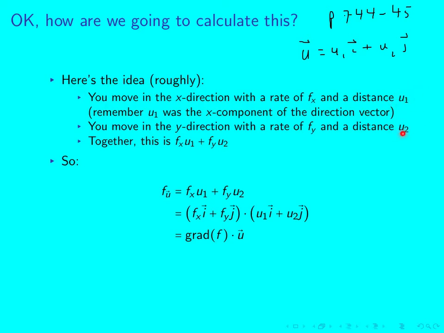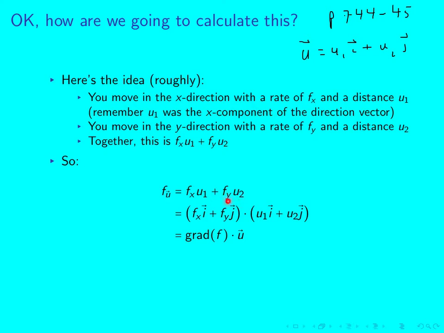If you take those two components of motion together, in the x direction, your net effect is f sub x times u sub 1, plus your contribution in the y direction, f sub y times u sub 2. So the value of the directional derivative is given by f sub x u1 plus f sub y u2. These are the partial derivatives with respect to x and y.